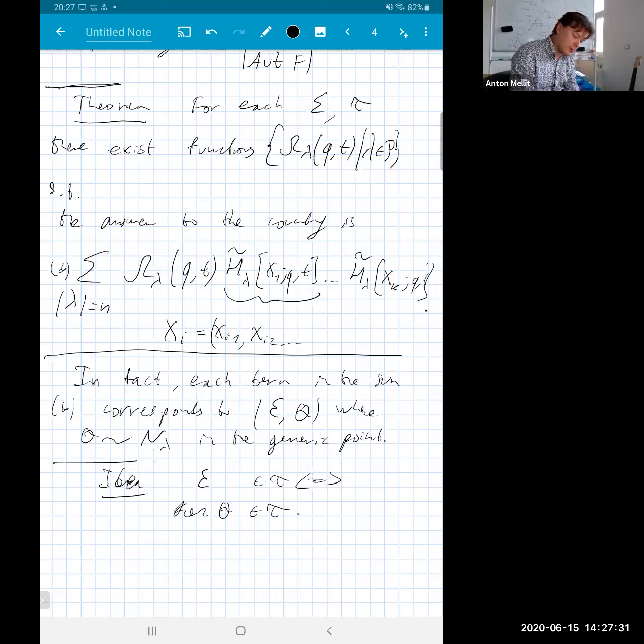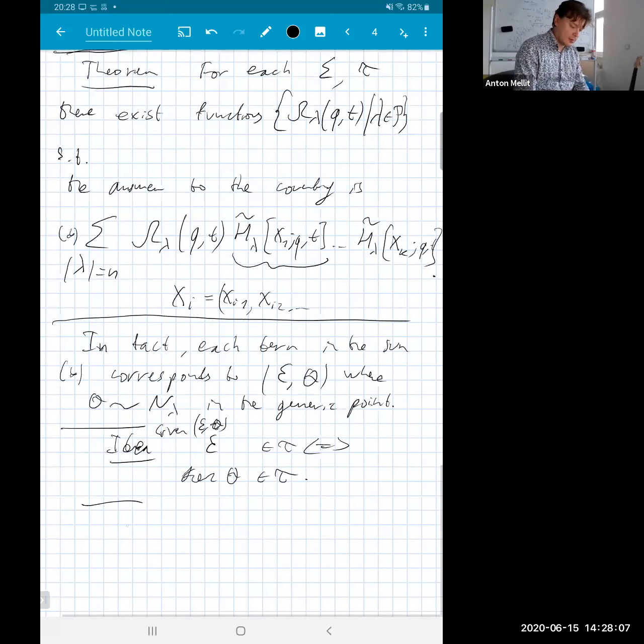Given (E, theta), this allows you to do local modifications of your bundle, preserving the kernel of theta, and you stay inside tau. So the idea is to straighten out your theta at all points where it can jump, and you get this kind of product formula.